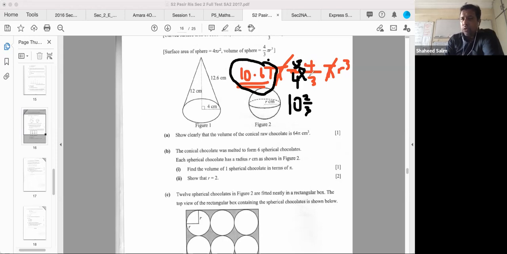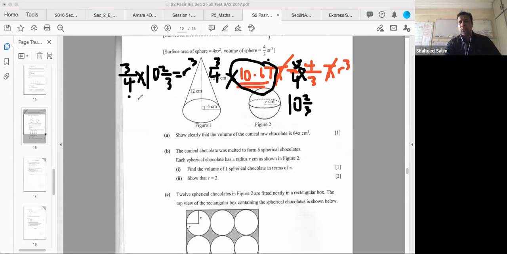So I can cancel. So you do the same thing down here, times 3/4. So what do you have? You have 3/4 times 10 2/3, right? Is equal to r cubed. So can you find out what's this number? You just use your calculator, what's your number? It should be a whole number.